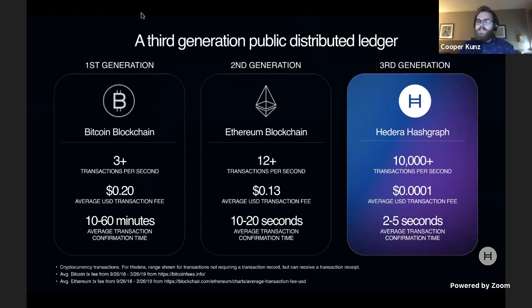With these four tenets, Hedera's real goal is to be the third generation public distributed ledger. Bitcoin brought us this amazing decentralized infrastructure. Ethereum brought us these really innovative smart contracts and a way to exchange assets. Hedera is trying to do this at scale and for mainstream markets.